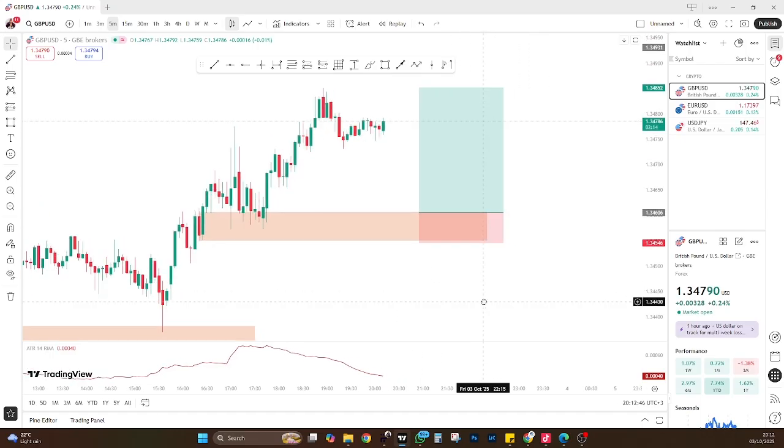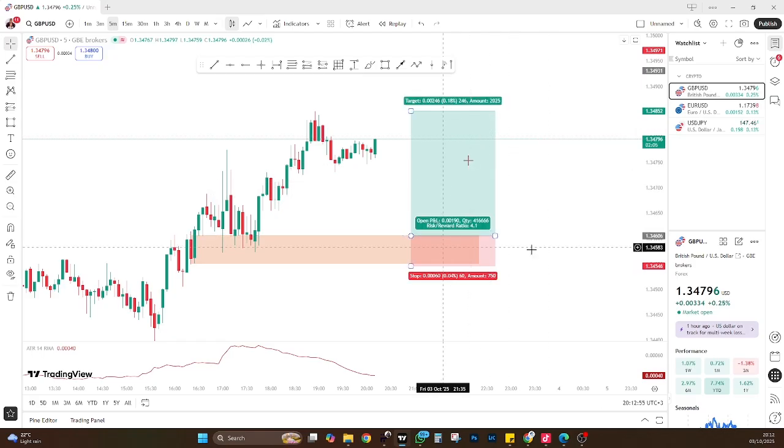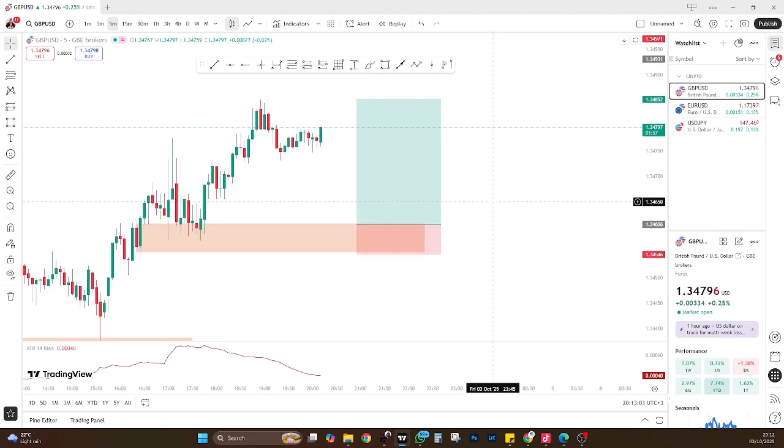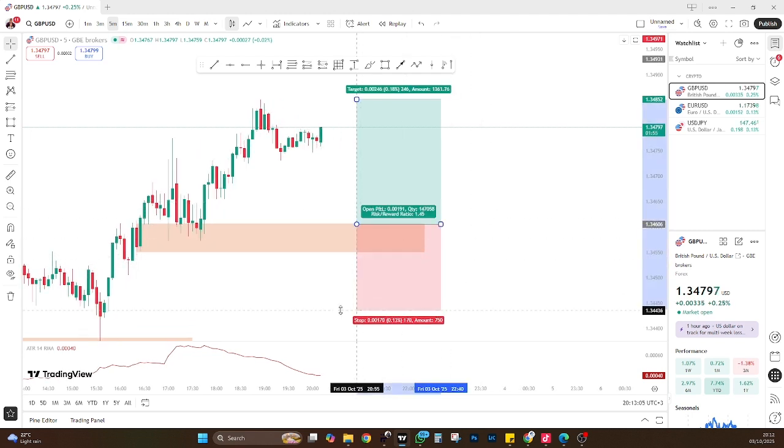It is very good, especially ukiweka stop loss. It works magic. Usikuje kuweka stop loss ya 20 pips. That is not trading.